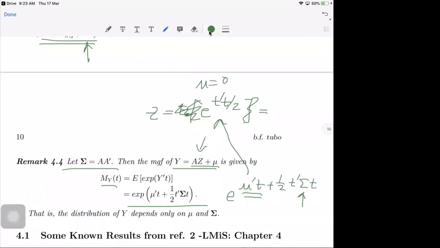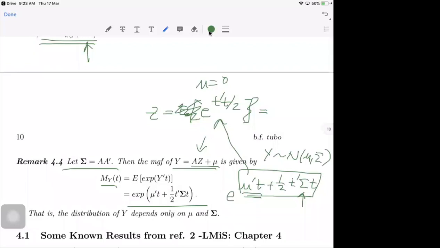But if it's not in general 0, you will have mu prime t plus 1/2 of t prime sigma t. So this is the moment generating function for a random variable Y which is normal with mean mu and variance sigma.